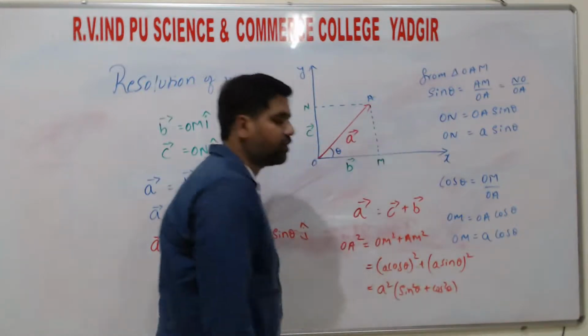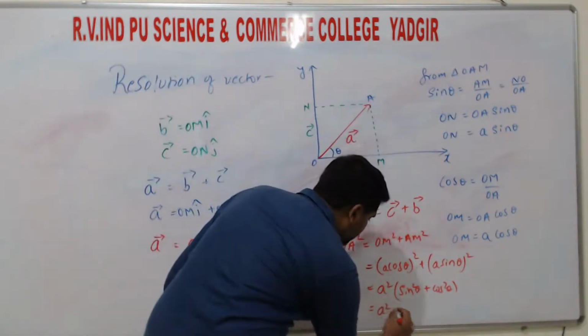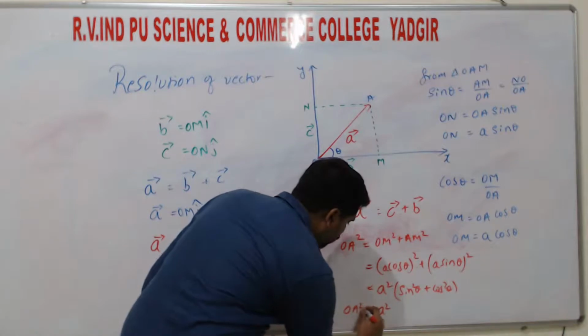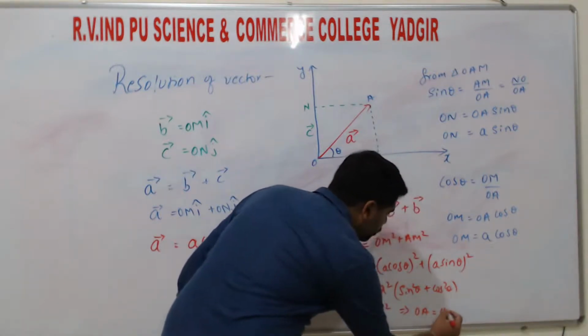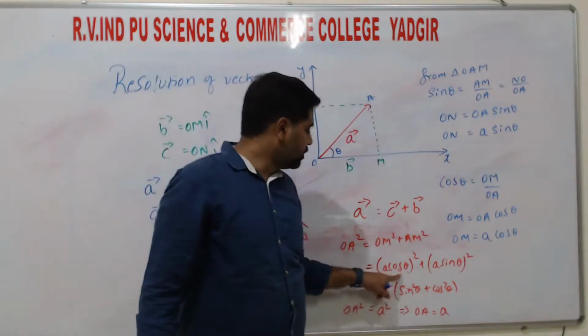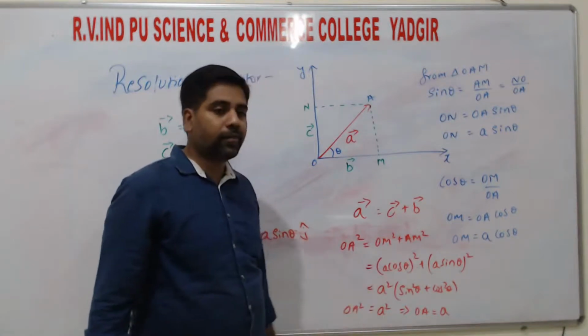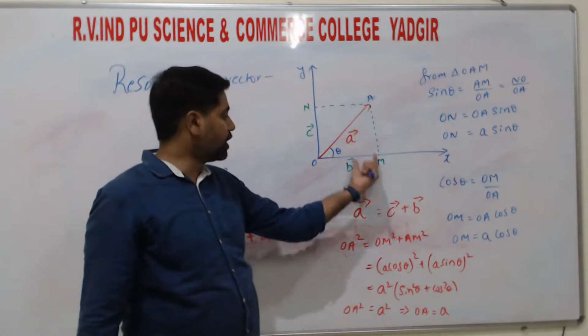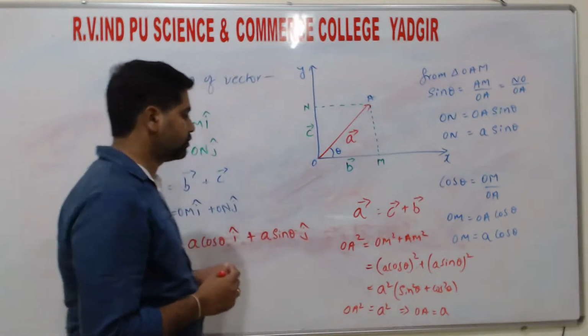From trigonometry, sin square theta plus cos square theta is 1. So we get A square, and OA square, so from this we can say OA is equal to A, right? So this magnitude A is resolved into these two components, and we get the magnitude as A itself, right?